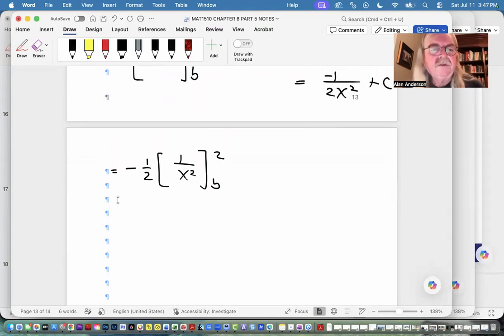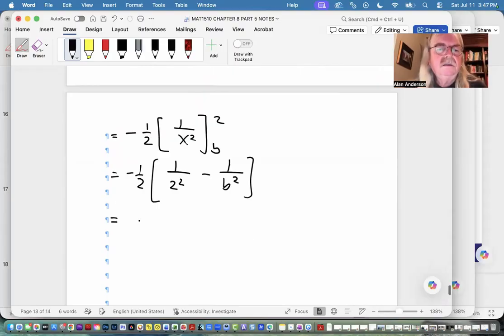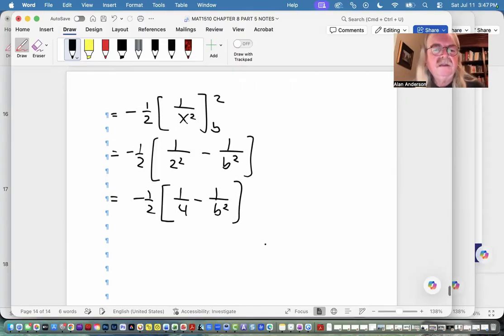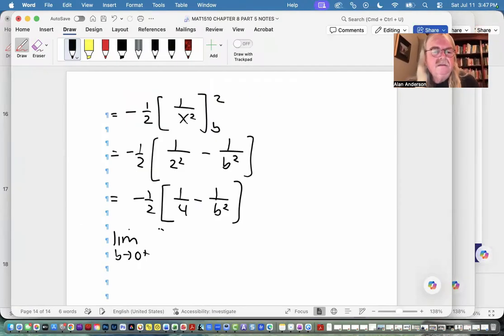And then when we evaluate it, of course, now we're going to take the limit from the right.